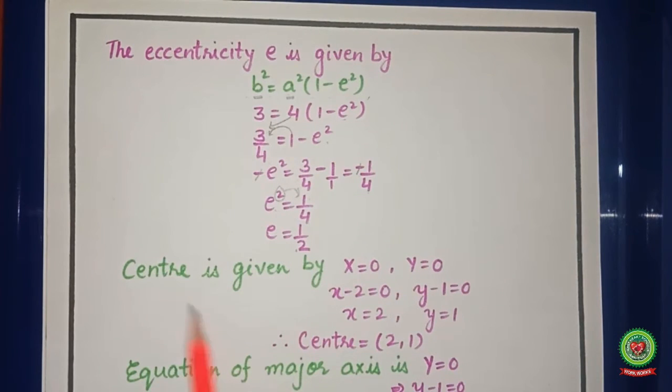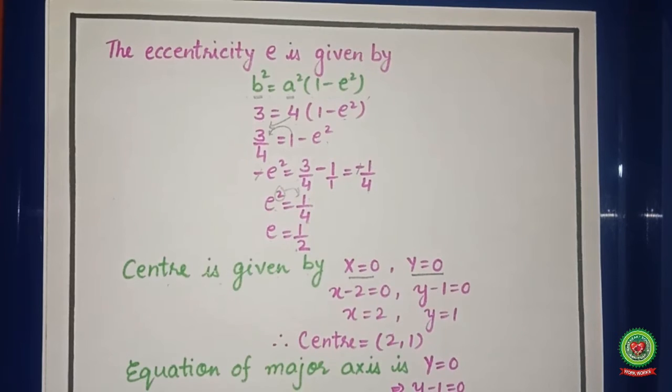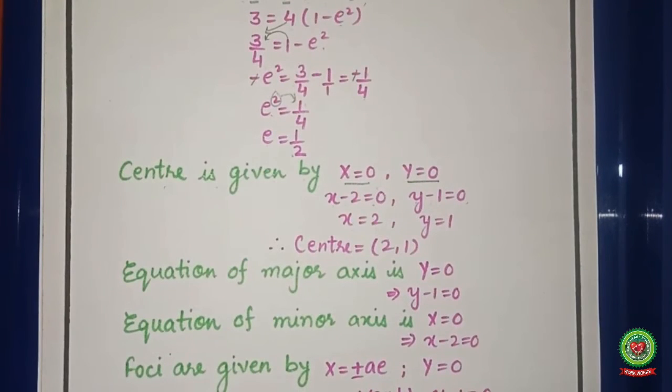Now, the center of the ellipse is given by capital X equal to 0 and capital Y equal to 0. So, from here x minus 2 equal to 0 and y minus 1 is equal to 0. On shifting, we get the center as (2, 1). Next is the equation of major axis.